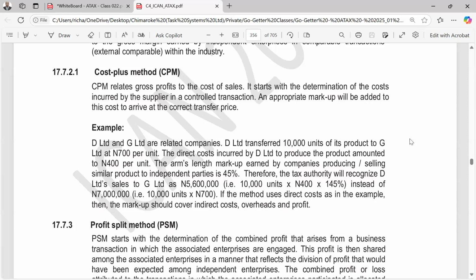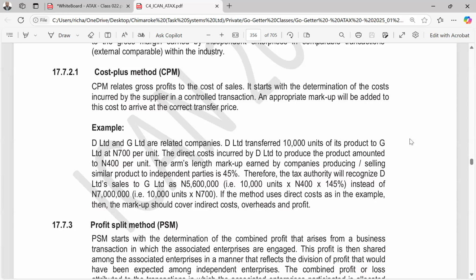Now look at the cost plus method. It starts with the determination of the cost incurred by the supplier. So they will determine the cost that you have incurred, and the tax authority will add an appropriate markup so that you are not underpricing or overpricing. For example, D Limited and G Limited are related companies.